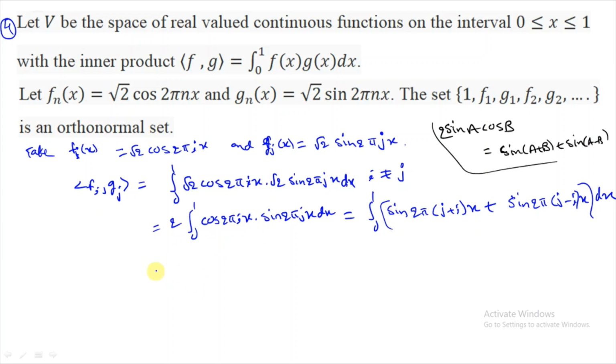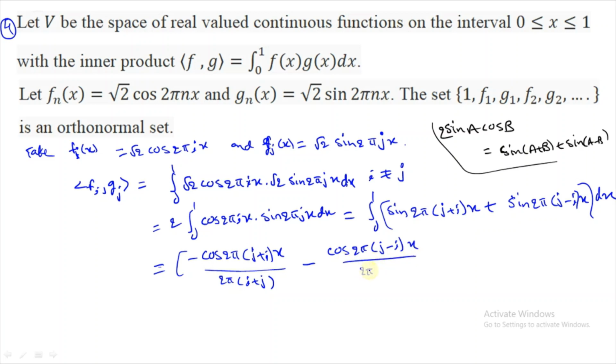Now integrate this. The integration of sin is minus cos 2 pi (j plus i) x, dividing by the coefficient of x, 2 pi (i plus j). Again for the second term, minus cos 2 pi (j minus i) x divided by 2 pi (j minus i).